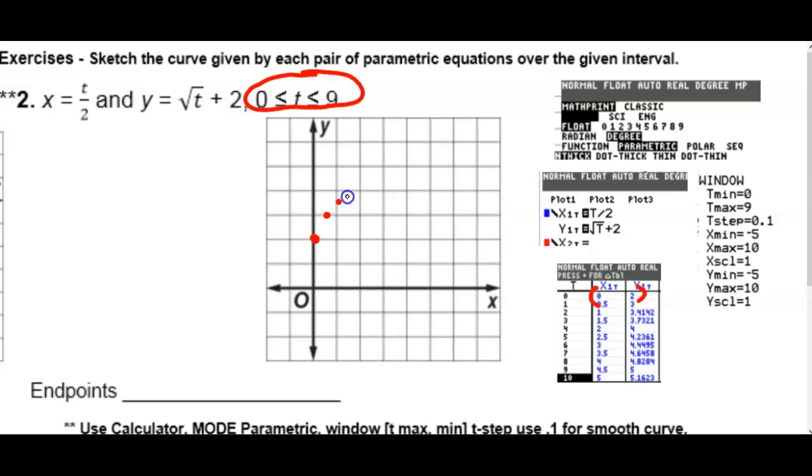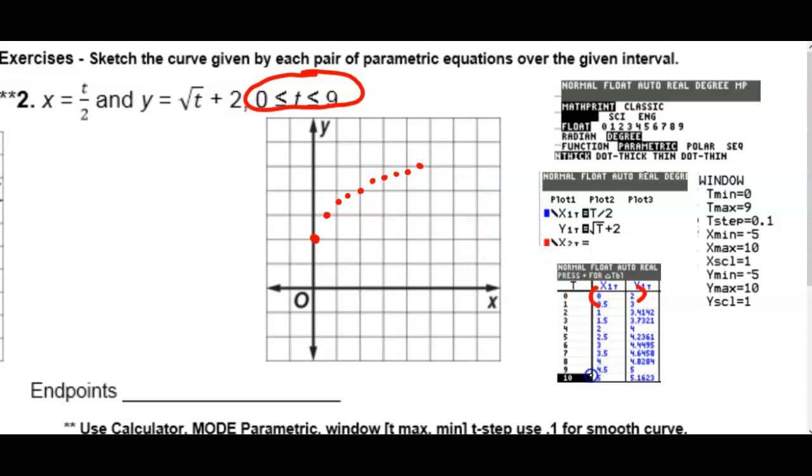1 1/2, 3.7, 2, 4, 2 1/2, 3, 3 1/2, 4, 4 1/2. It finally hit 5.